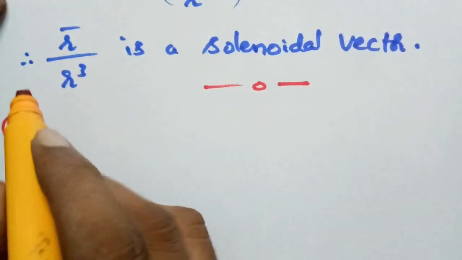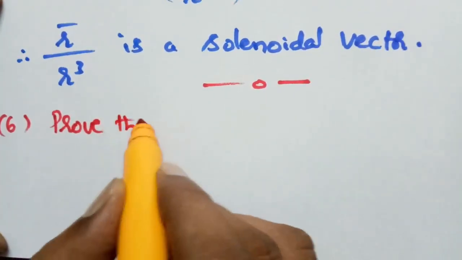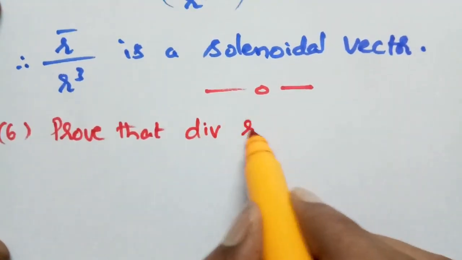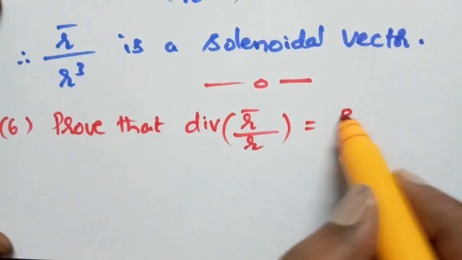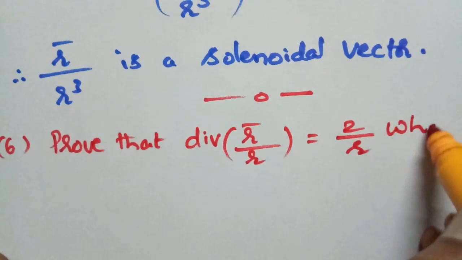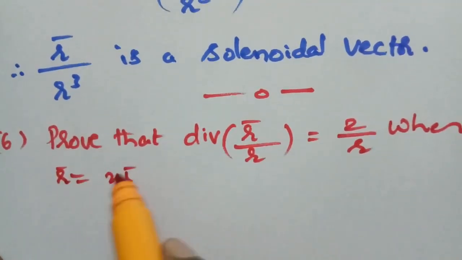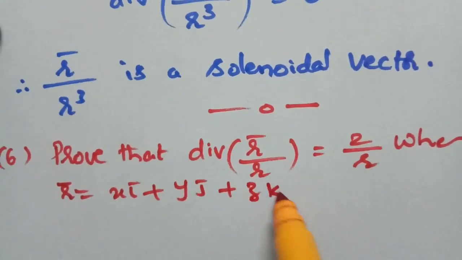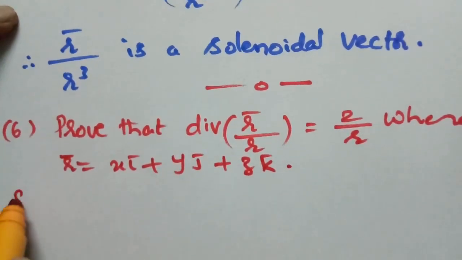Now sixth one, prove that divergence of r bar by r is equal to 2 by r, where r bar is equal to x i bar plus y j bar plus z k bar.